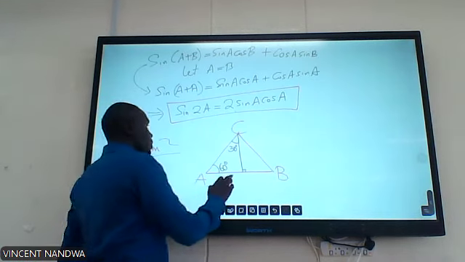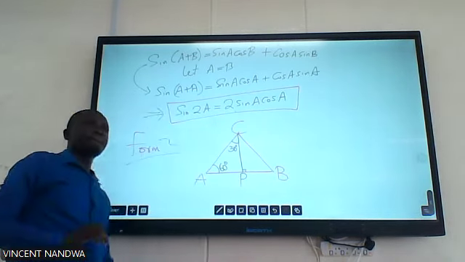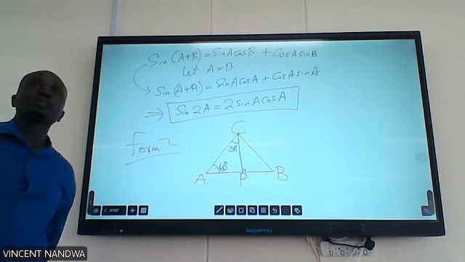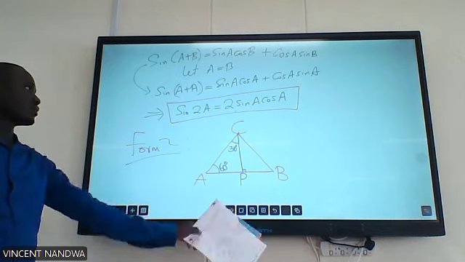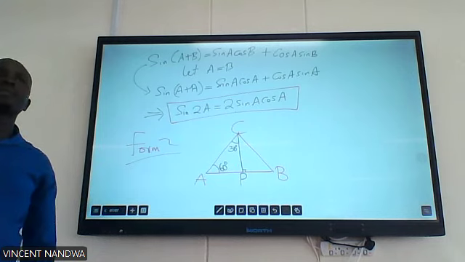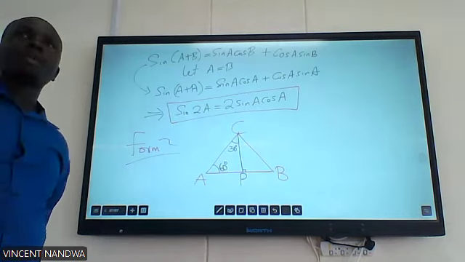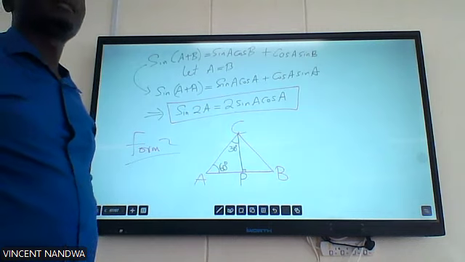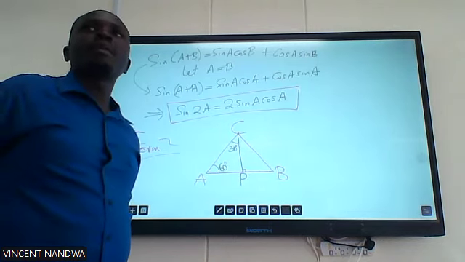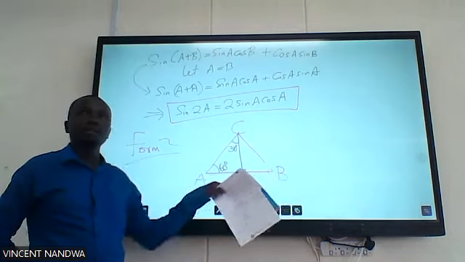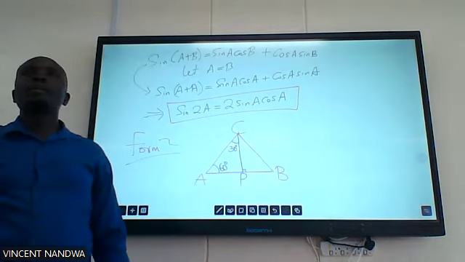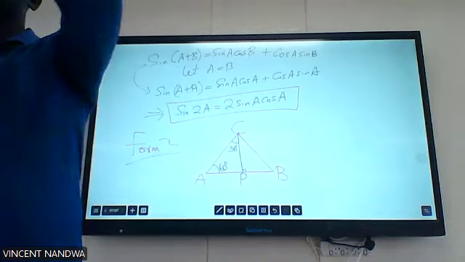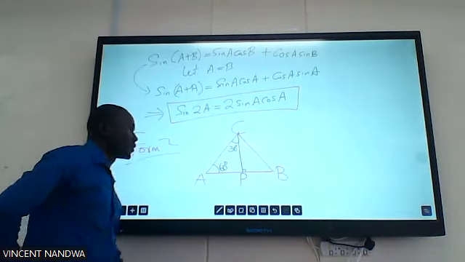Now, if I call this point P, what is the relationship between the lengths AP and PB? If this is a perpendicular to line AB, how are they related?